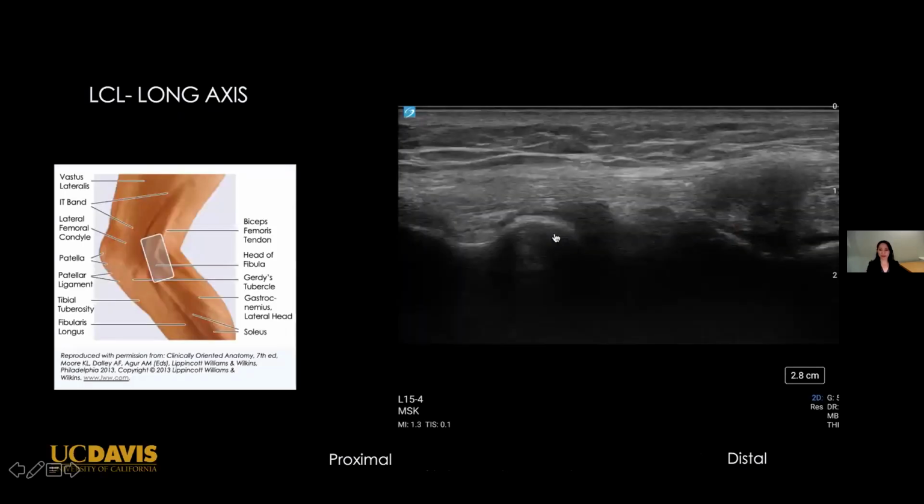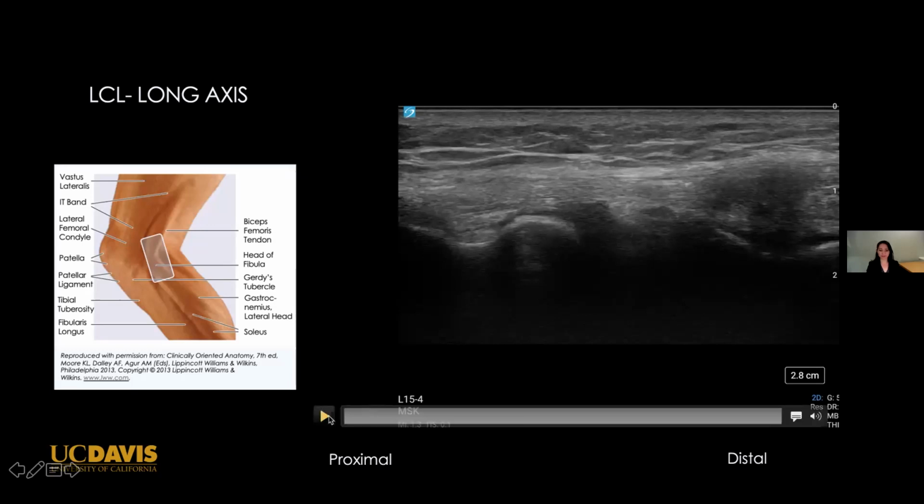So to orient the LCL in long axis, anchor the proximal end of the transducer just above the groove of the popliteus. Next, locate the head of the fibula and rotate the distal end of the transducer towards the fibula. Just placing the transducer across the joint line is prone to error because the distal end of the transducer will likely be too anterior, given how posterior the fibular head is. You need to be able to visualize the head of the fibula and see the tib-fib space.